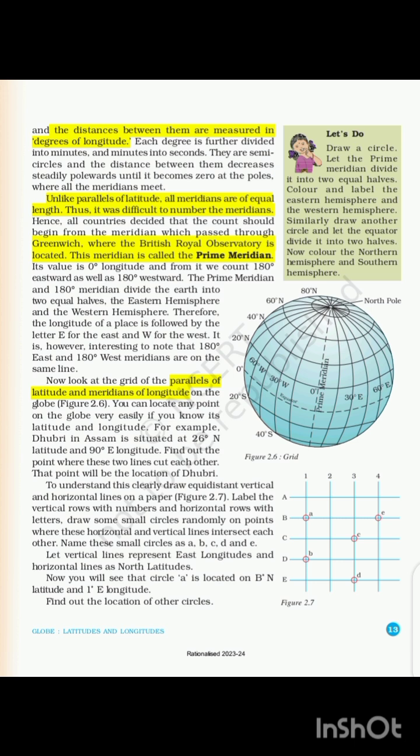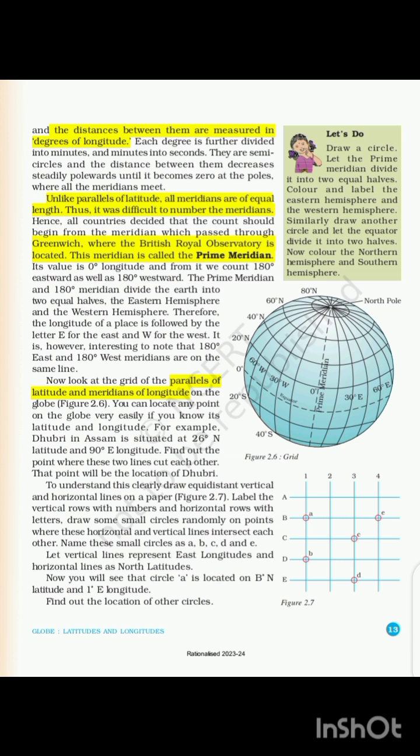Those are longitudes. So at that time the British used to rule, the Westerners used to rule. So they put forward a name for this meridian as the Greenwich meridian, Greenwich prime meridian.